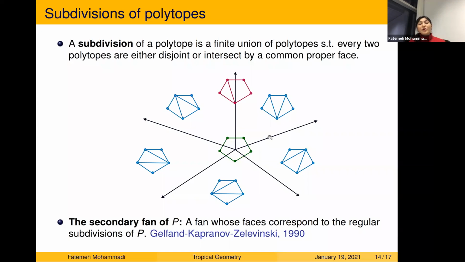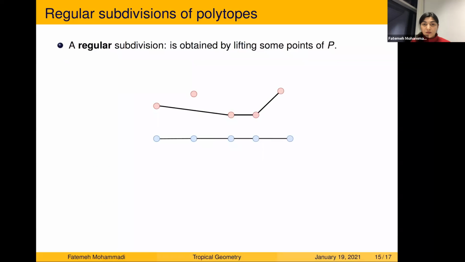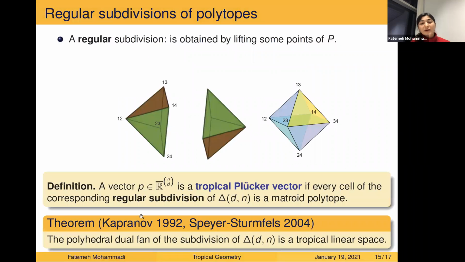The theorem says that if you look at the set of these subdivisions of any polytope, this forms a fan. It has a fan structure such that every face of this polyhedral fan represents one regular subdivision of your polytope. And in the next slide, was there a theorem of Kapranov at the bottom? Oh, yeah, here. This is what I missed.